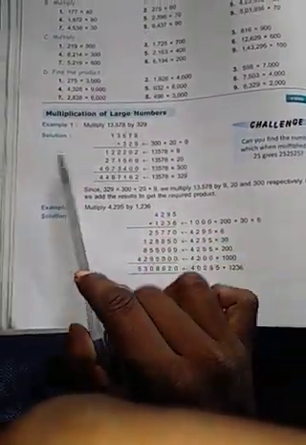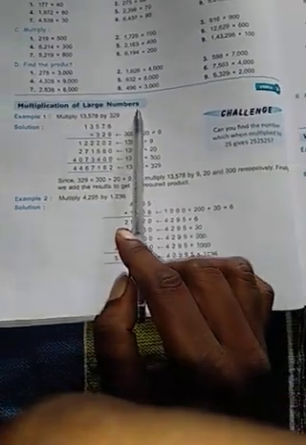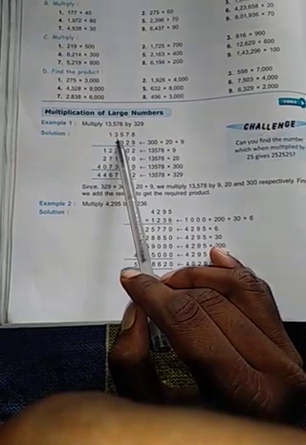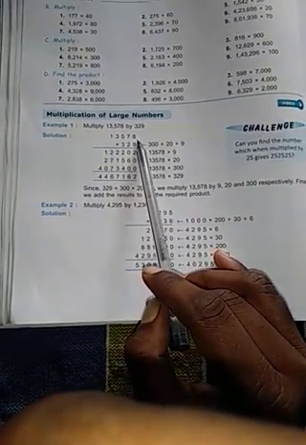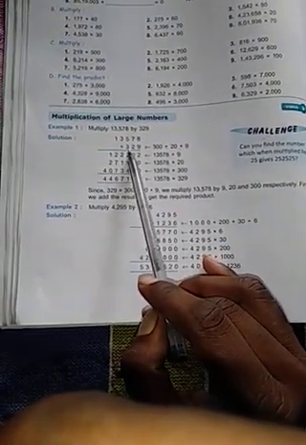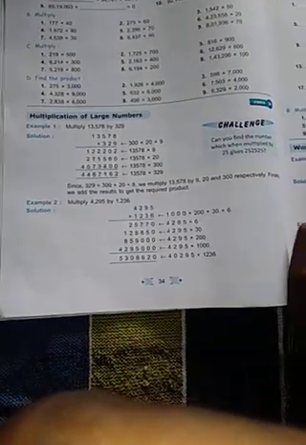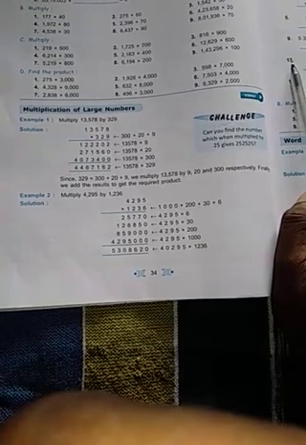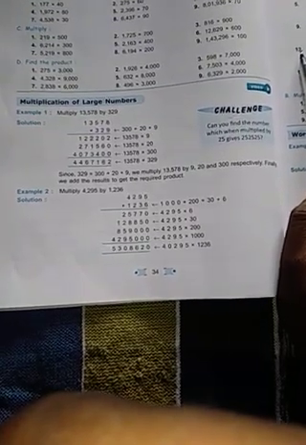Now we discuss multiplication of larger numbers. First multiply 13,578 by 329. Multiply 13,578 with 329.